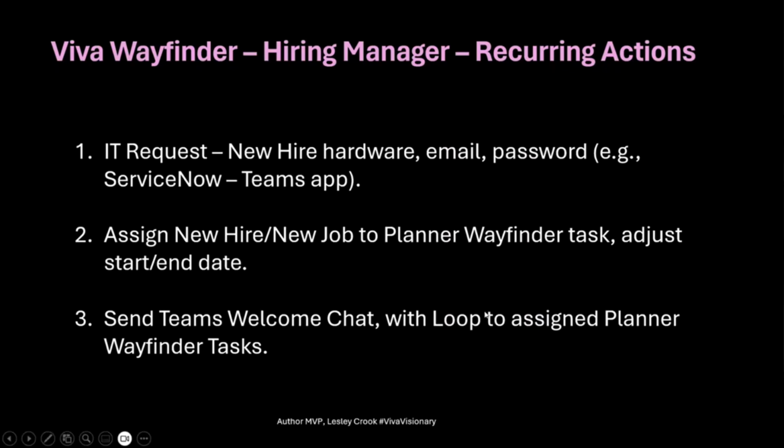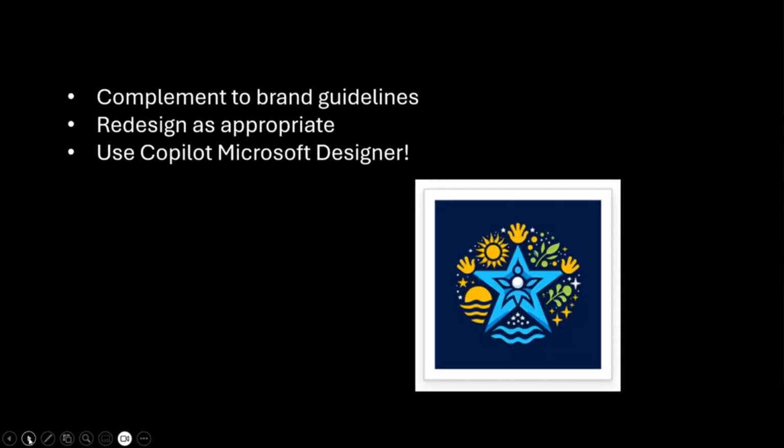So it's 3 simple steps. Put in that IT request that might be out on ServiceNow, and ServiceNow is integrated with one of the companies that integrates with Teams and Viva. Then assign the new hire job to Planner for that Wayfinder task and adjust the start and end date, and then use Loop as part of that integration as well.